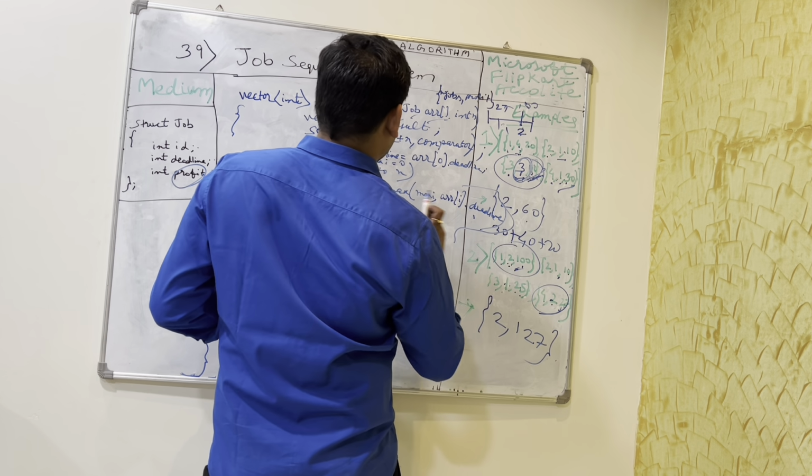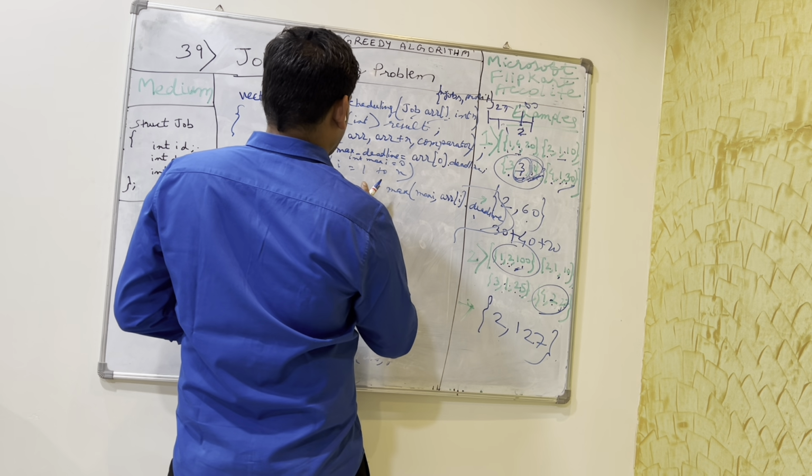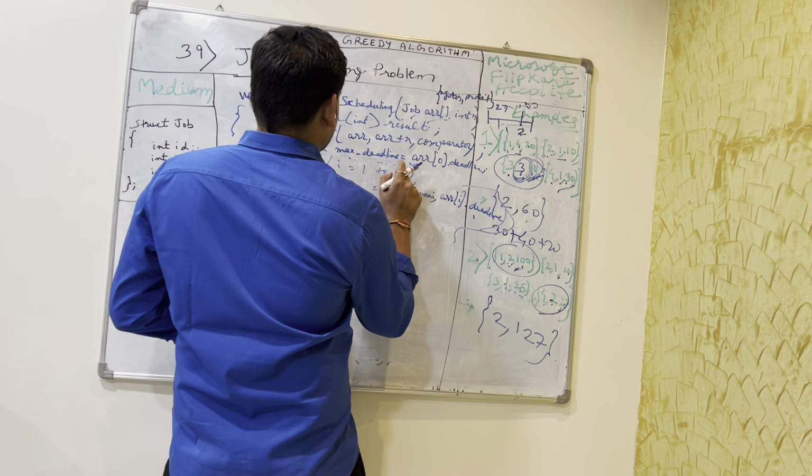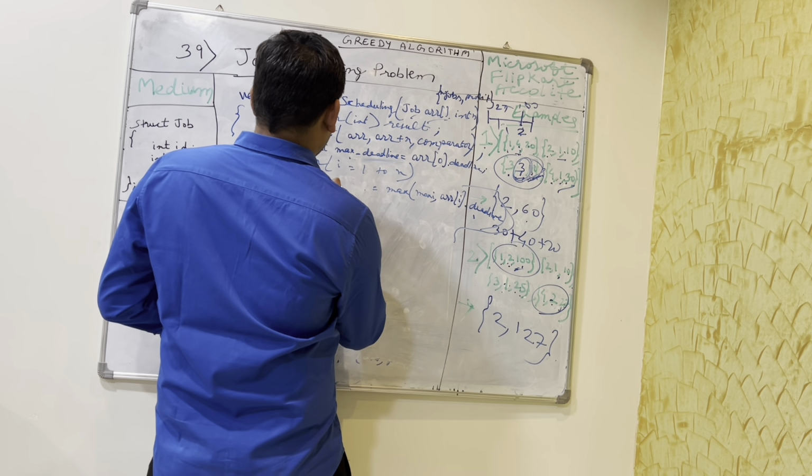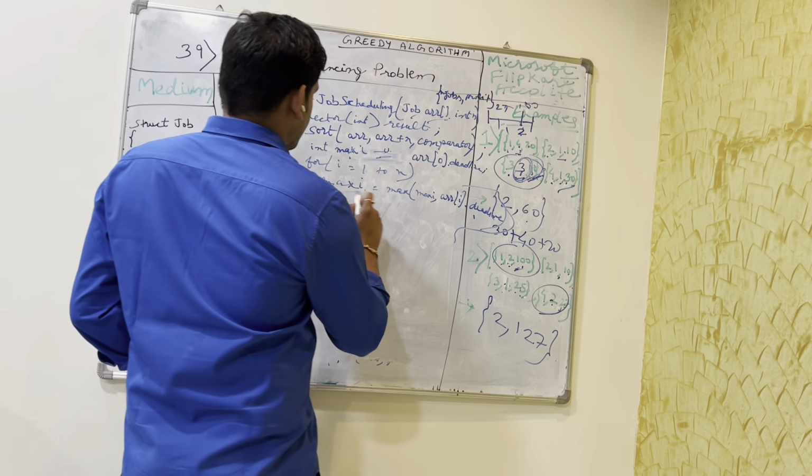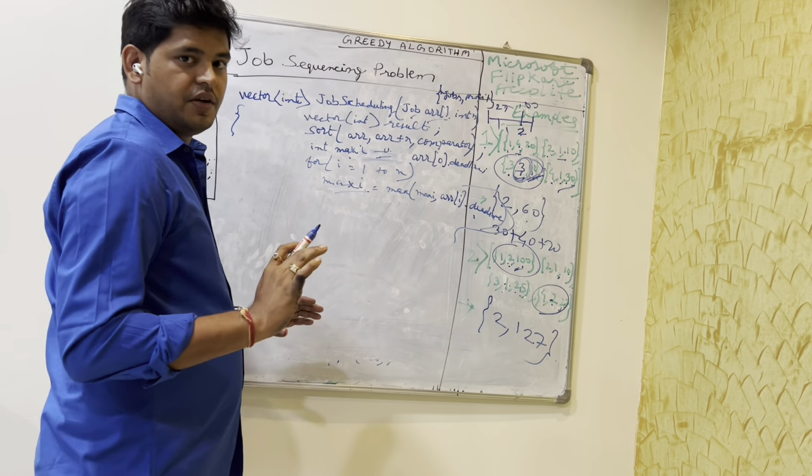Let's make it maxi just to get more space to write these things. Maxi is equal to max of maxi and deadline. Now this maxi is the maximum deadline that we have.